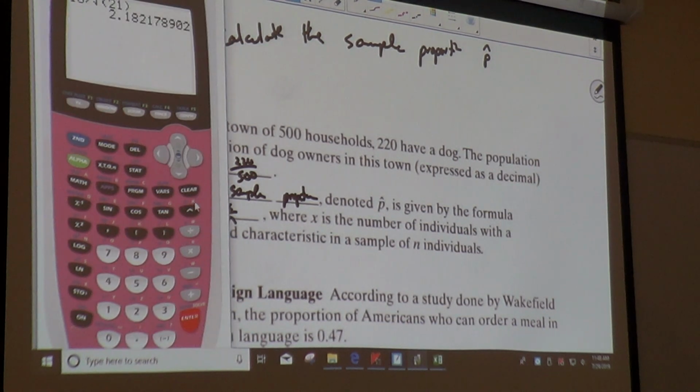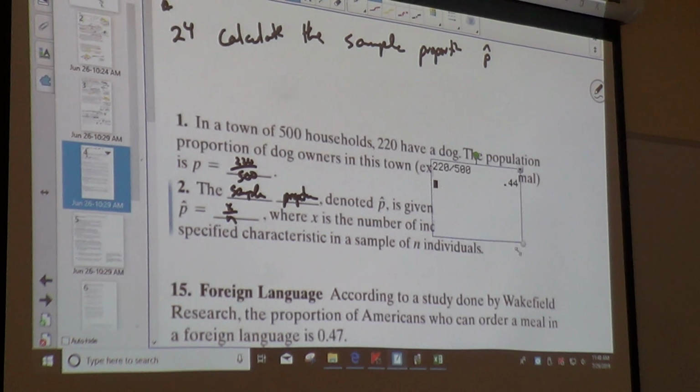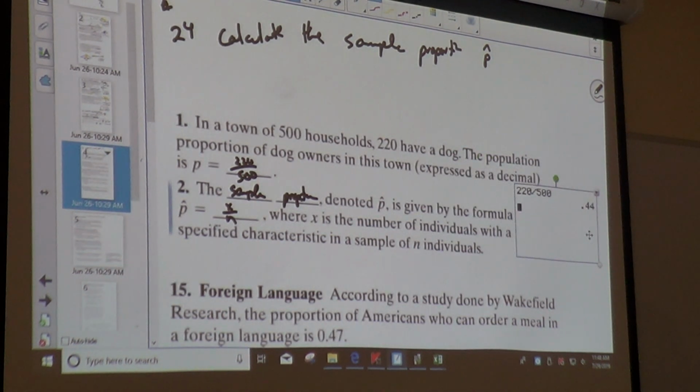So if I do that first one, it's going to be 220 over 500, which is 0.44. That's going to be your P or your p-hat, according to whether we're talking about a population or a sample. X over N. That's number 24.